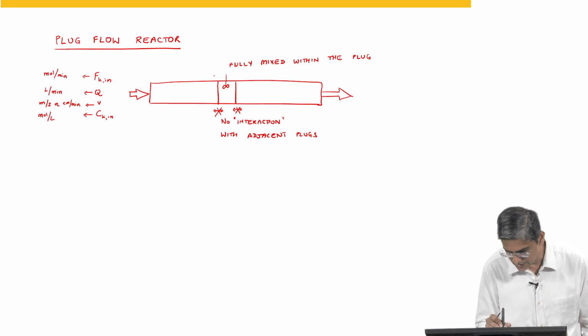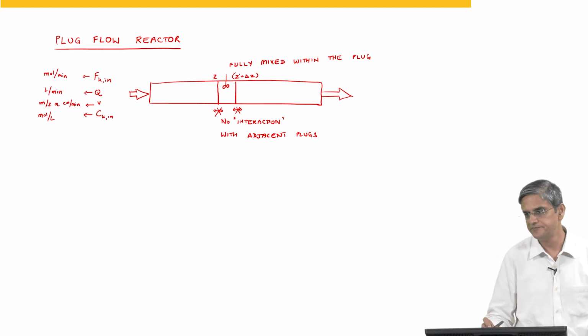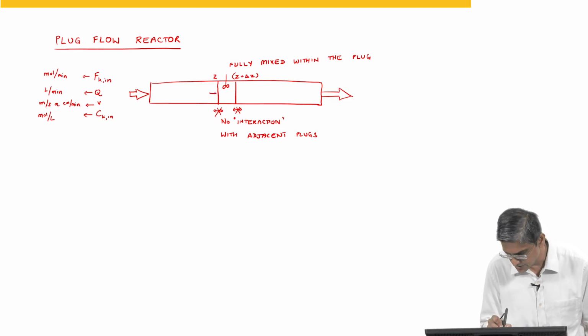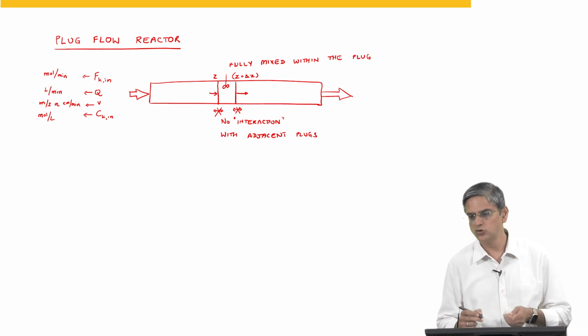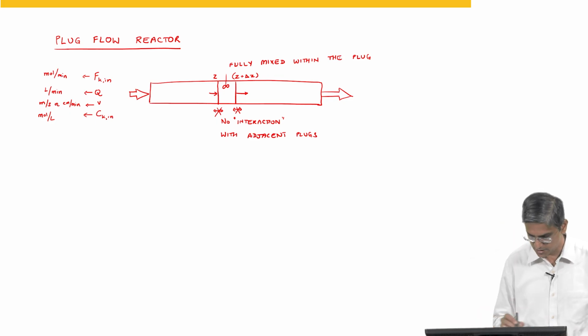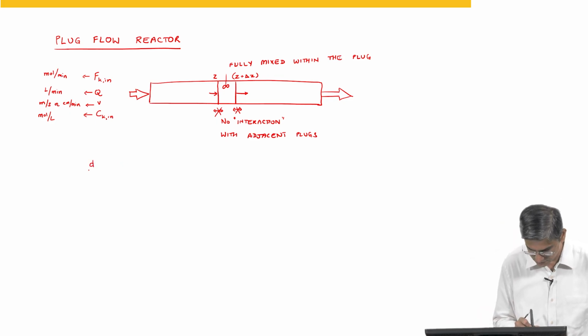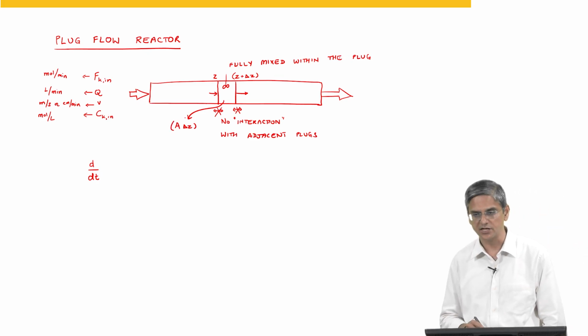So, we can consider this location as Z, and this location as Z plus delta Z, and we will consider the flow direction to be this direction. If it flows in the other direction, the sign would just be negative, that is all. Let us say the volume is A multiplied by delta Z, where A is the cross sectional area.